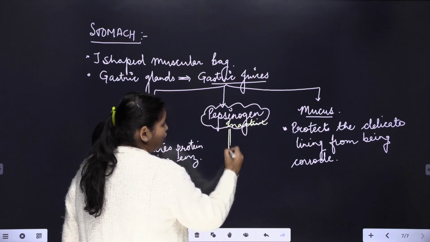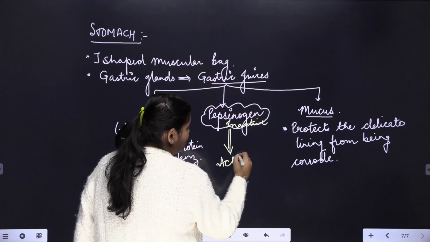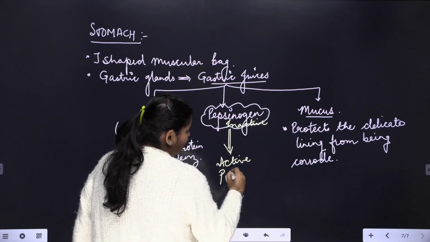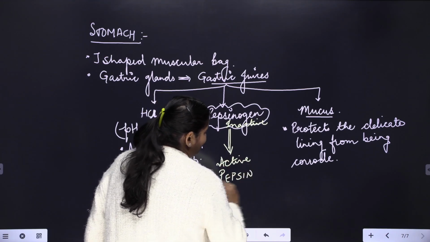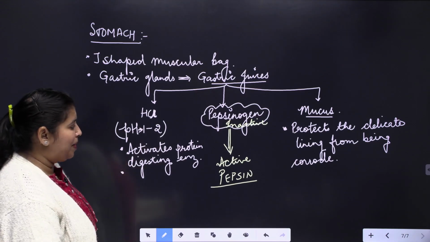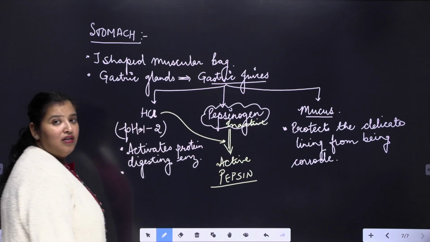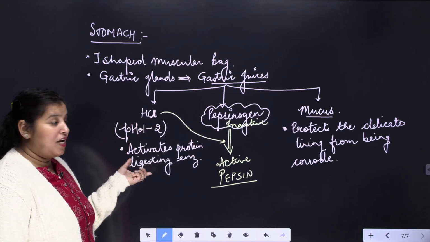This pepsinogen becomes active and then changes to pepsin. So, pepsinogen changes to pepsin thanks to this HCl, because it has reduced the pH.